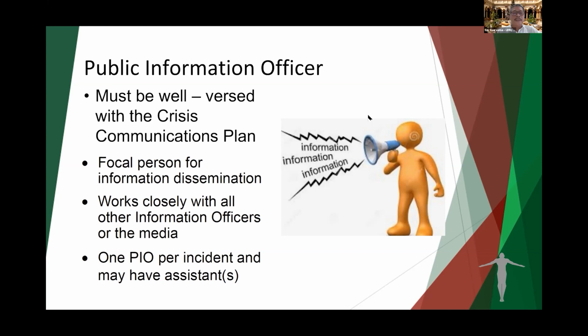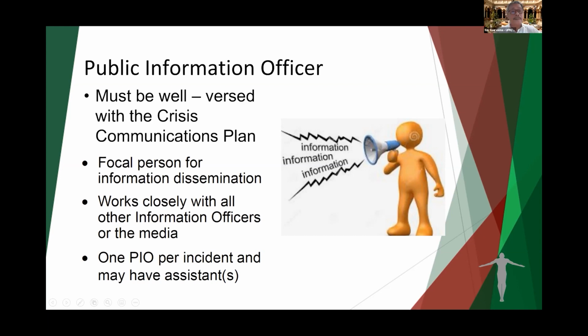The PIO may be the Vice Chancellor for Community Affairs, or it may be the Director of the Public Relations Office, or in the case of the university, it may be Director Wendell or VP Penny. That depends on who the incident commander will designate as the public information officer. But I believe that in the case of the university, for any unplanned or major incident, there will only be one designated spokesperson or public information officer.